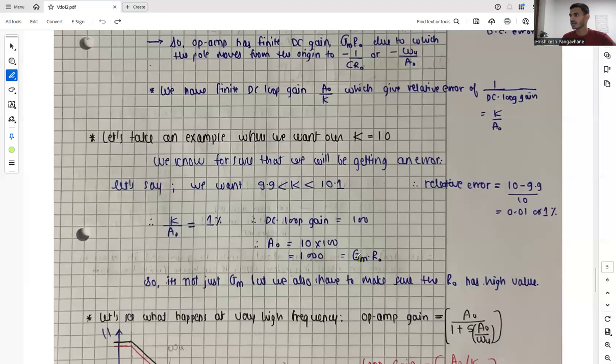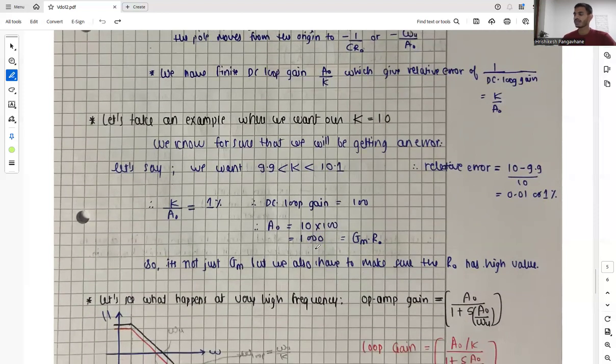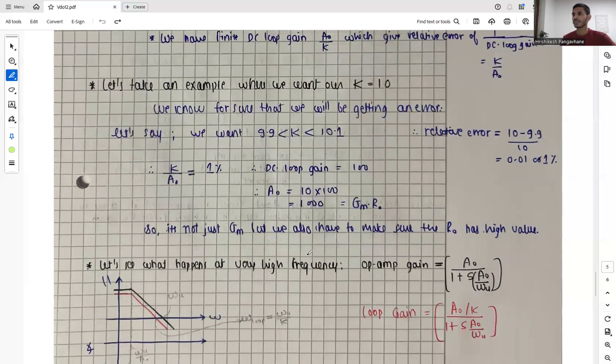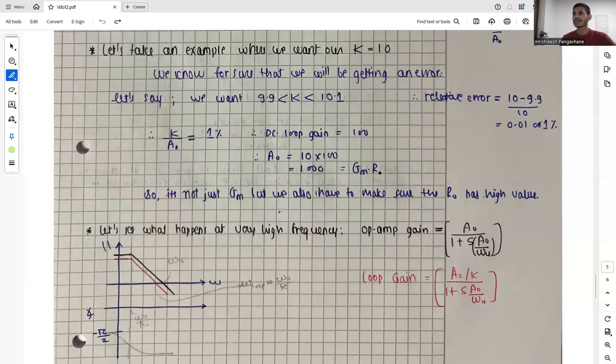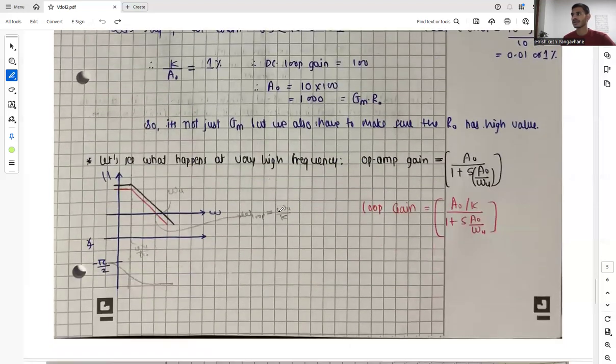And we know A naught equals Gm times R naught, which is actually a very huge value, 1000. So it's okay. In practicality in industries, Gm times R naught is somewhere around 10,000, a lakh, a million. So it's not just Gm, but we also have to make sure that R naught has a really high value.